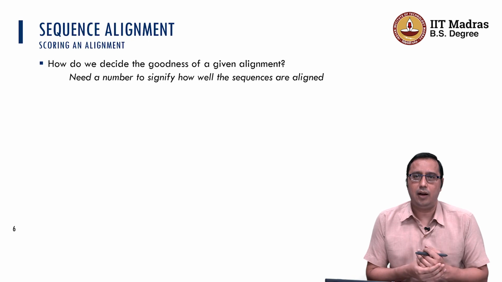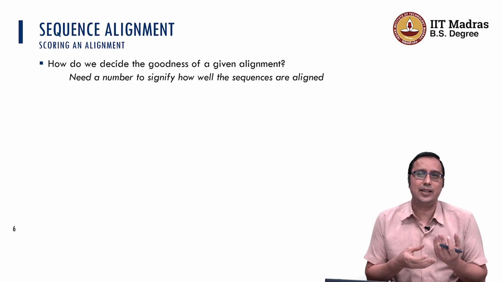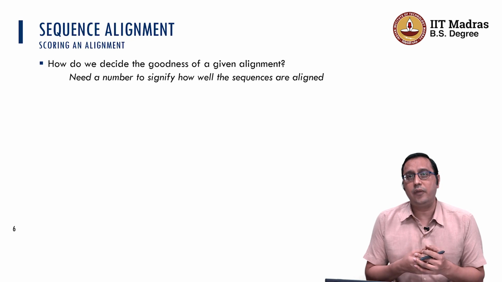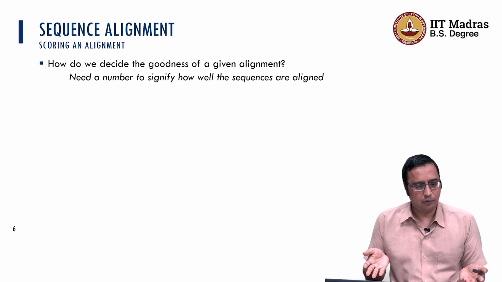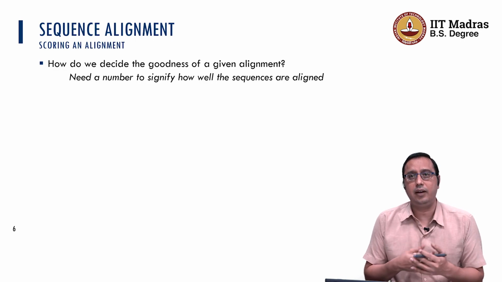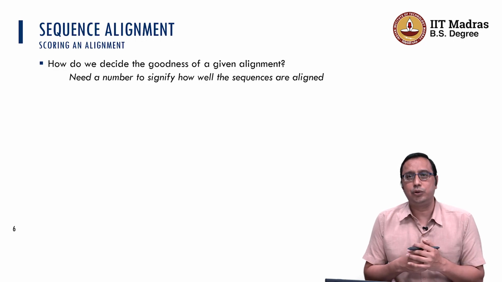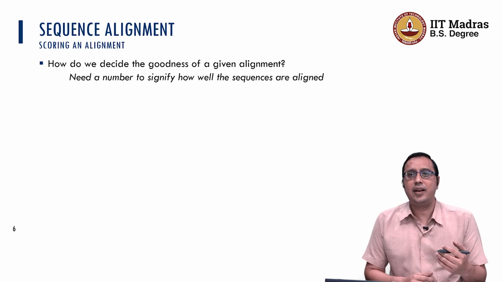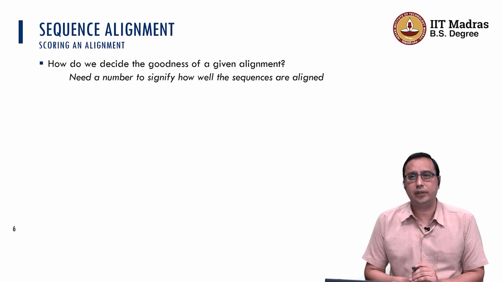If I give you an alignment, how do you decide whether this alignment is good or bad, particularly when I'm looking at larger sequences? Smaller sequences are fine, but often in practice we are interested in larger sequences, and I cannot go through them letter by letter to see whether they align or not and keep track of it. So we have to provide a score to figure out the significance of how well the sequence or set of sequences is aligned.